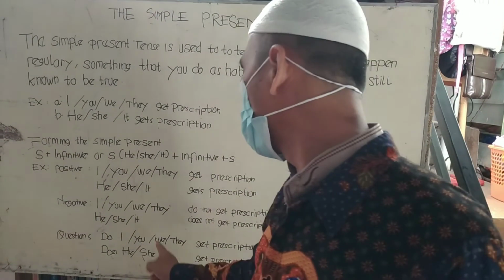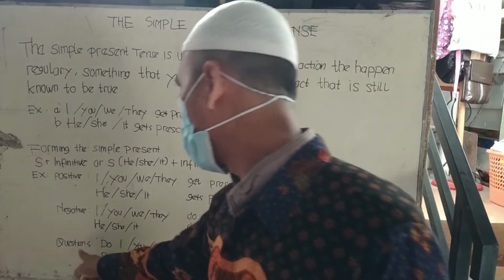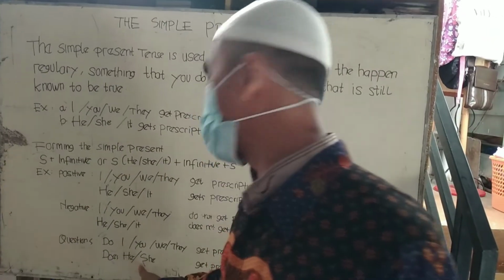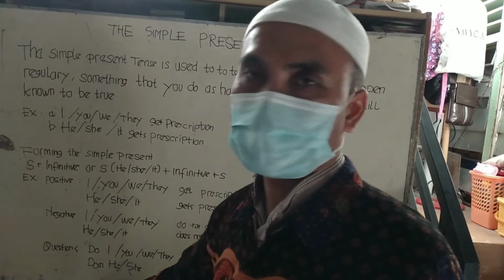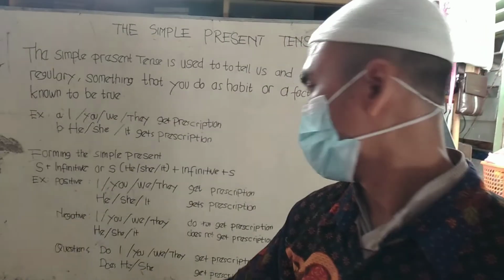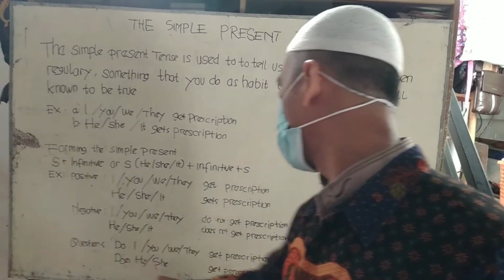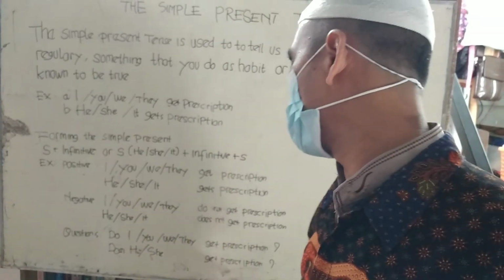Do you, do we, do they? So if the subject is plural. If the subject is the third person singular, like he, she, or it, you use does if you want to make the question form. For example, does he get, without s? Does he get prescription?